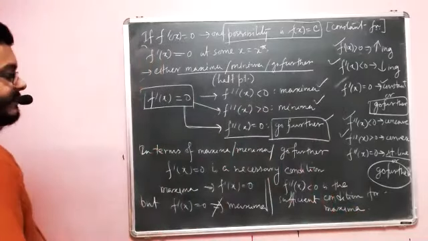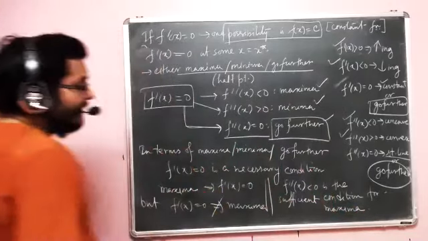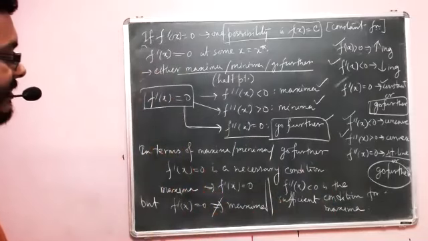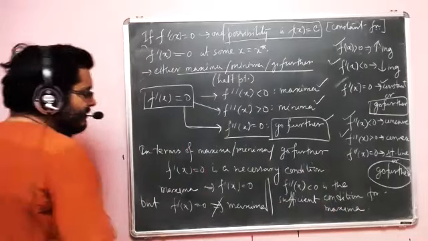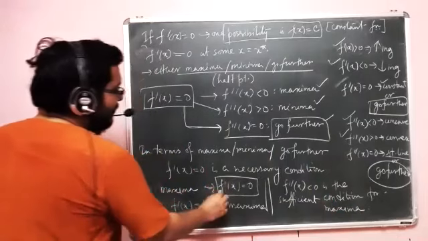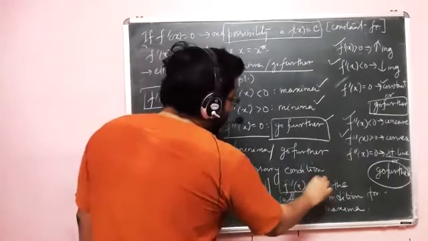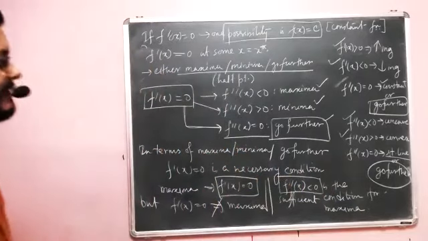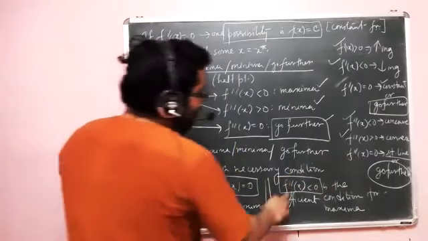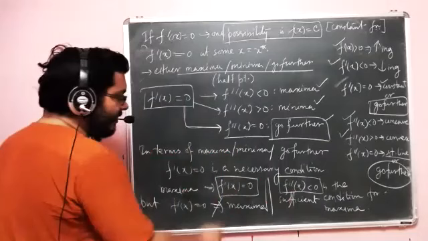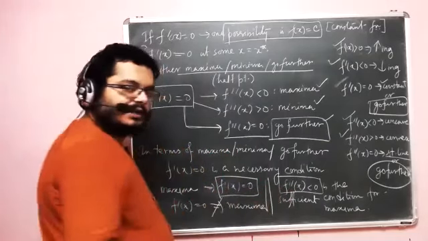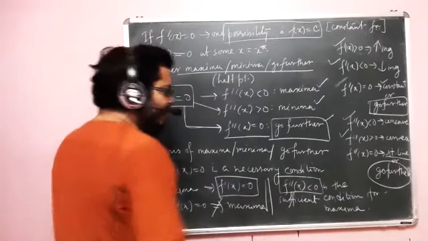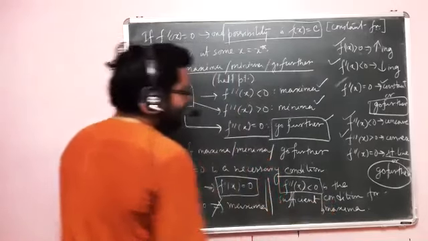Okay, because if f double dash x is less than 0, along with f dash x equal to 0, then only can we decide that it's a maxima. So remember, only after f dash x equal to 0, if I find f double dash x less than 0, then I can say, okay, then it is a maxima.